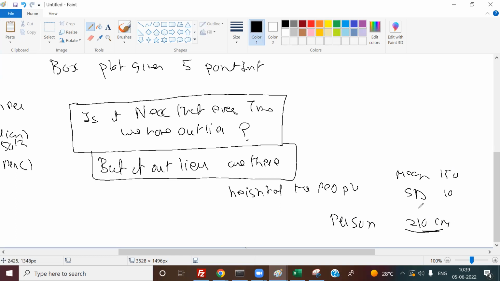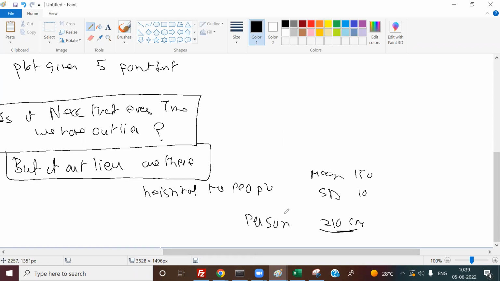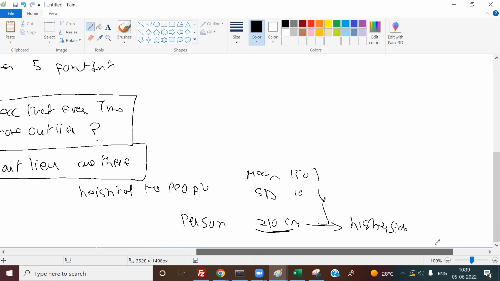This person can be an outlier, right? 210 can be there. 7 feet, around 7 feet. So some basketball players may be around 7 feet, right? So in this scenario, the outlier is on the higher side. But outlier is not on the lower side.